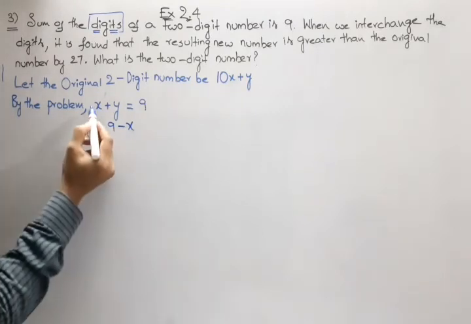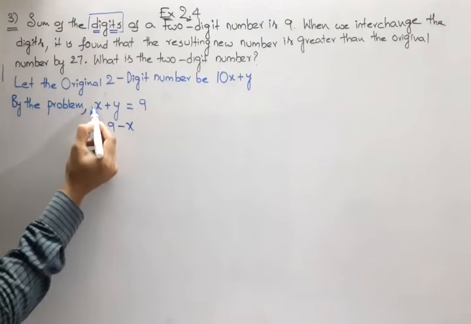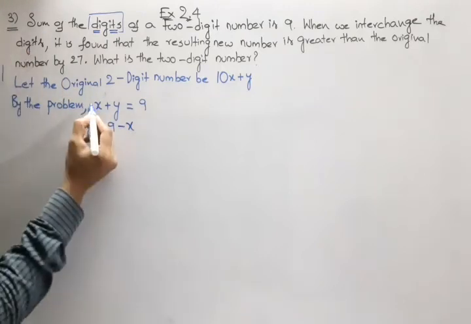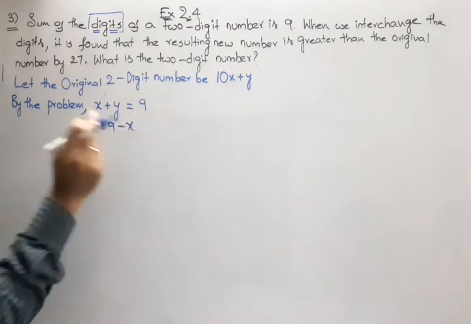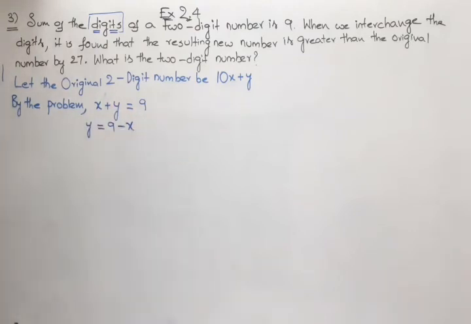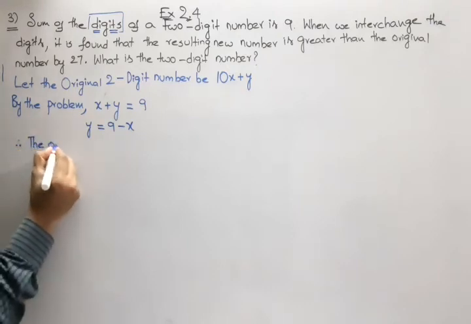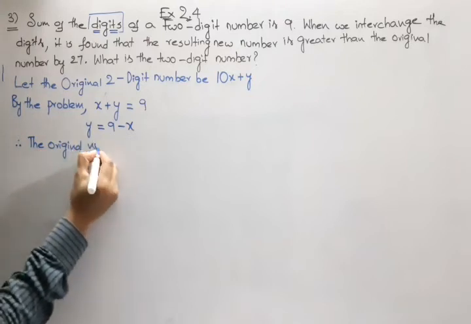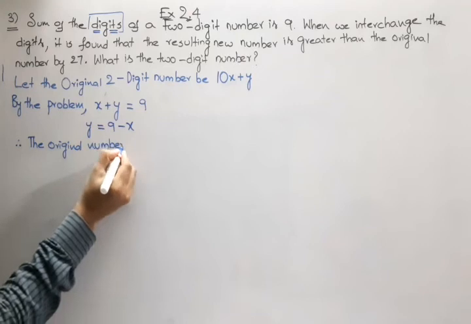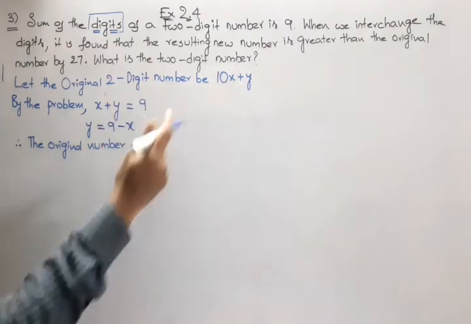Yes. Because if we transpose this plus x to the other side, as you know, if there is no sign we take it as plus, so plus x, when transposed to the other side, will become minus x. So now, the original number is equal to, see, what is the original number? 10x plus y.